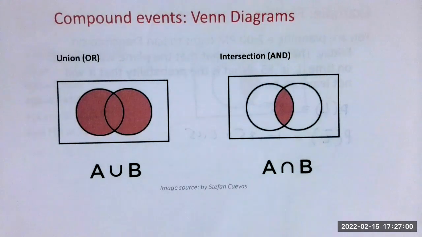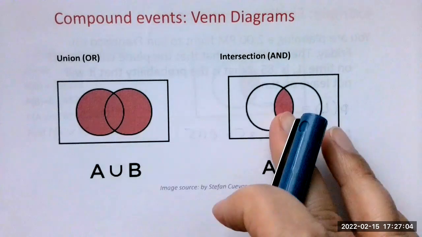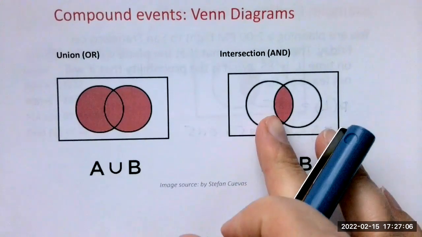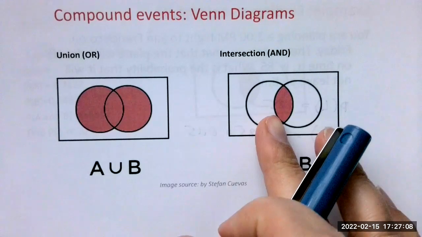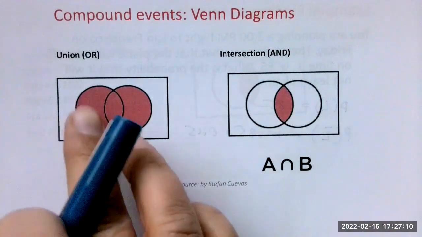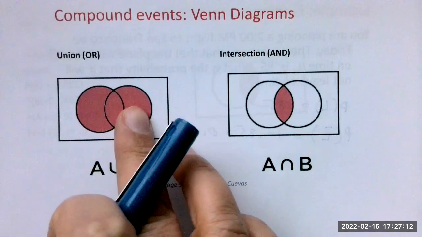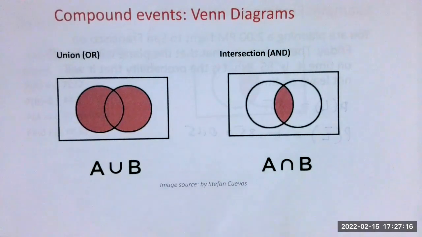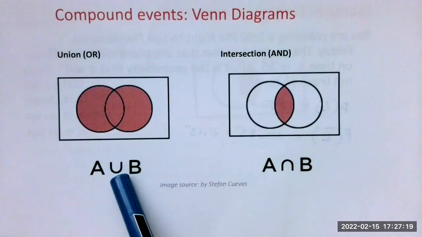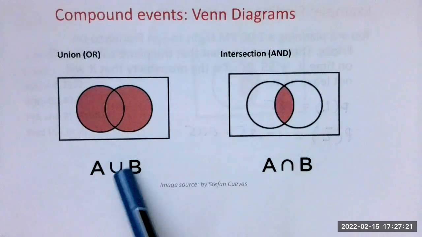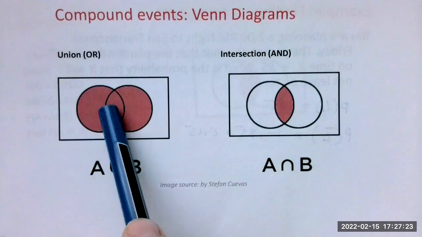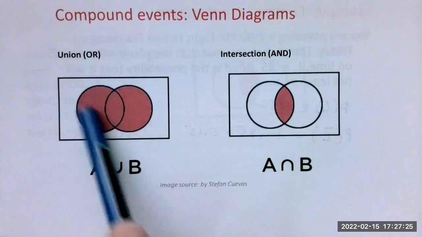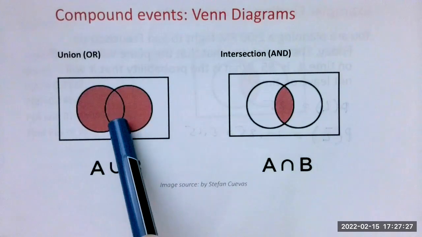Here are the Venn diagrams that represent the "or" and "and" situation with events A and B. So the union of event A and B, we use this notation, this symbol, kind of like a U shape, which represents the union, and the union means put those areas together.